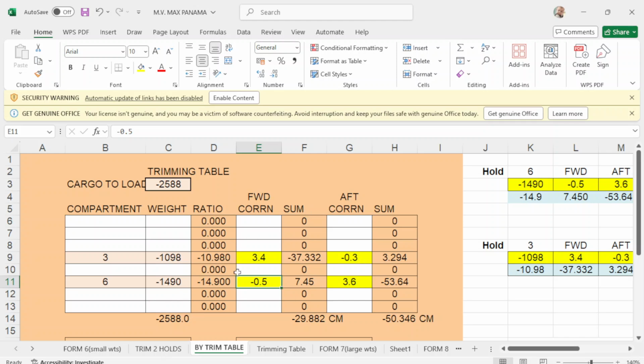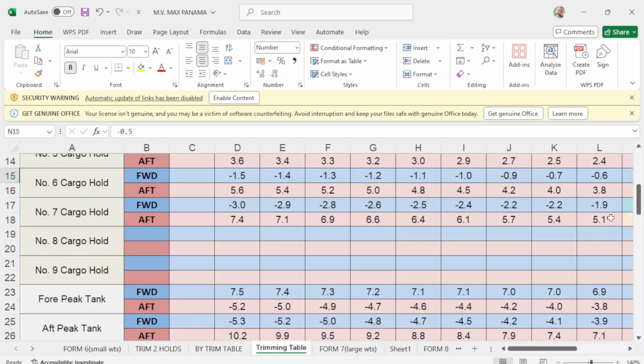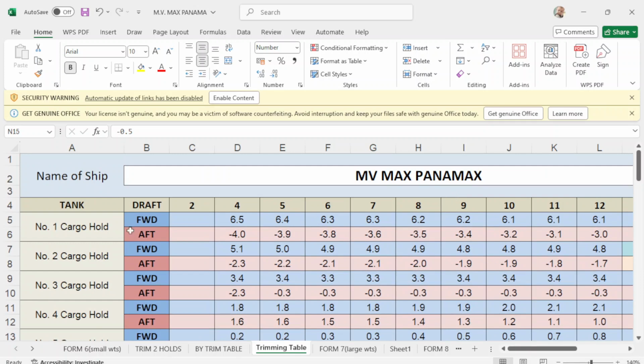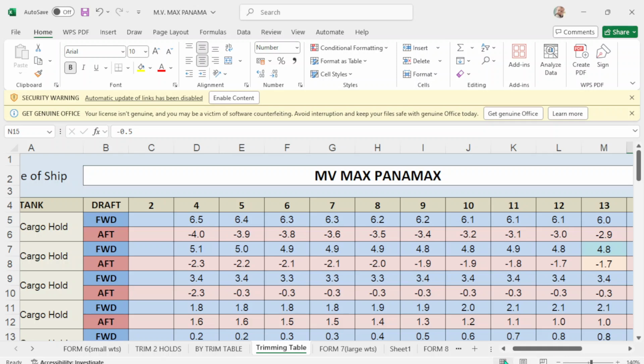Now we have to apply the forward and up correction of hold number 3 and number 6. So you go to your trimming table, and this is your vessel. You have here the draft from 2 to 14.